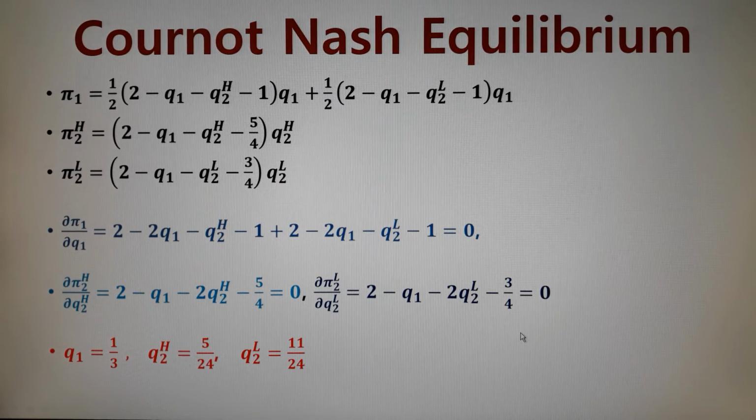Now, this is a headache. From this equation, you have to calculate the Q1, Q2H, Q2L. Well, I spent several minutes to calculate it, and you are supposed to spend several minutes to calculate it. So, okay, I'm going to give you 1 minute. And if my calculation is correct, Q1 is 1 over 3, Q2H is 5 over 24, Q2L is 11 over 24.